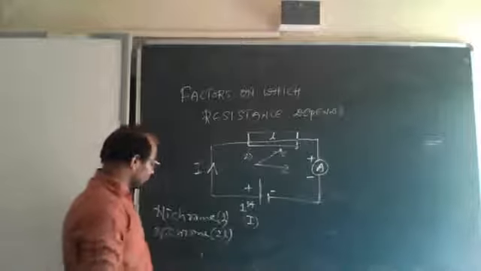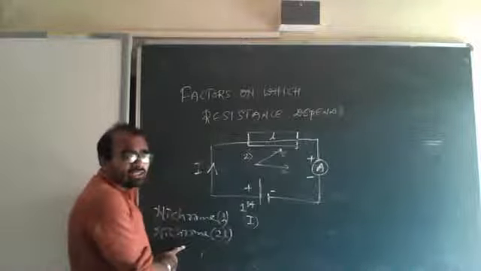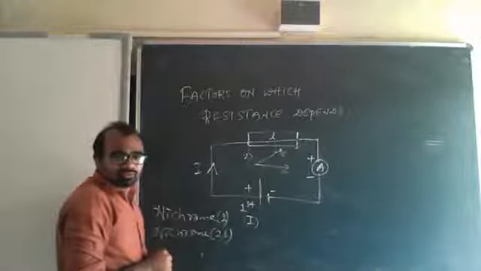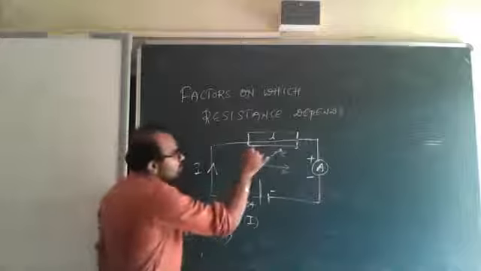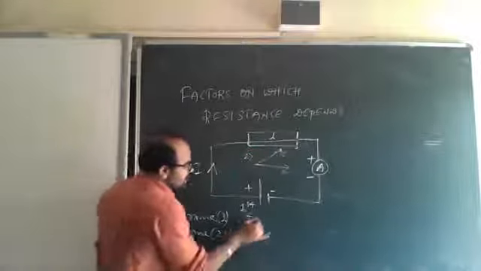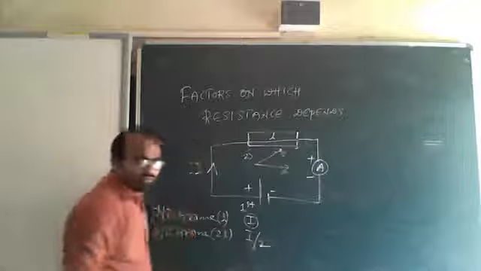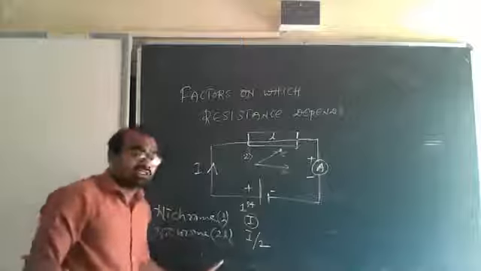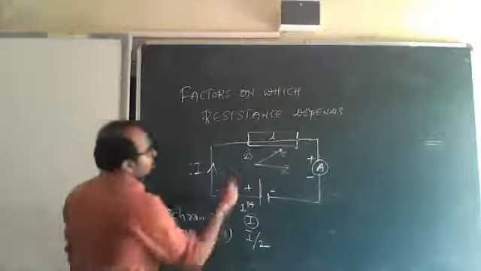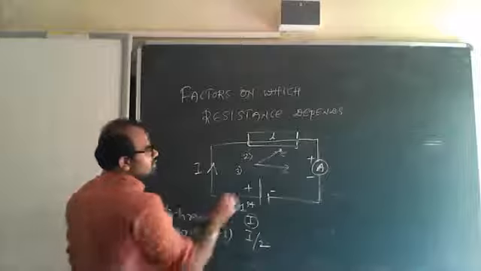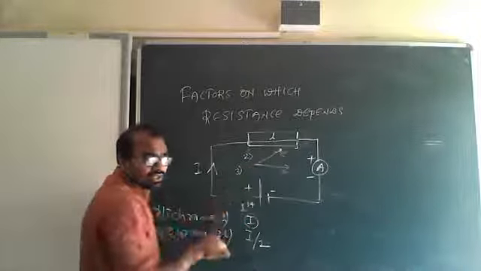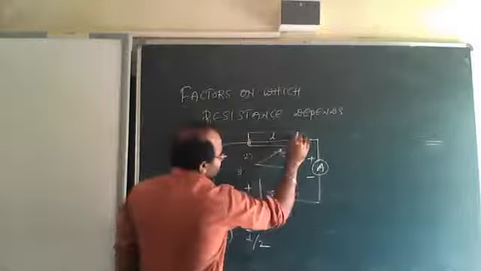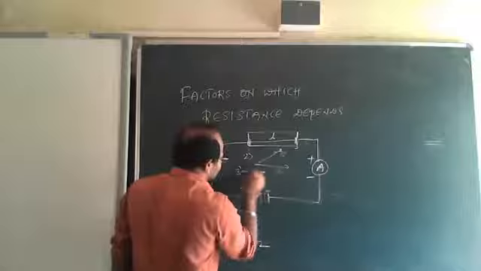But remember, length is doubled, which means current is decreased here. So I becomes I by 2. The initial current becomes half when length is doubled. Third time, I am just giving an example here, nothing will be in this circuit. Third time, I will replace this with a thicker wire.